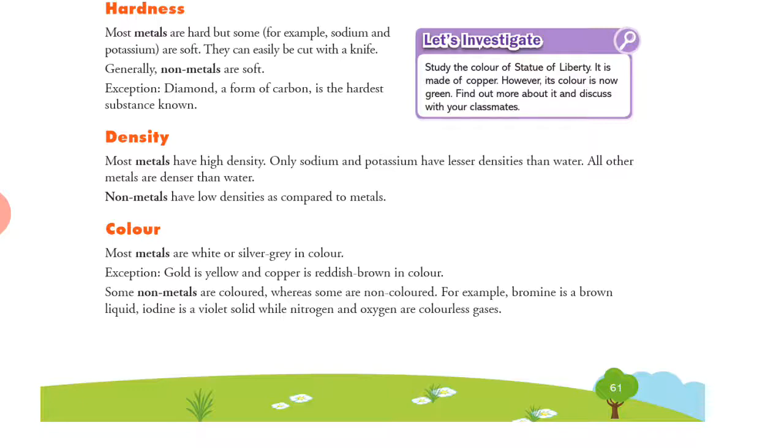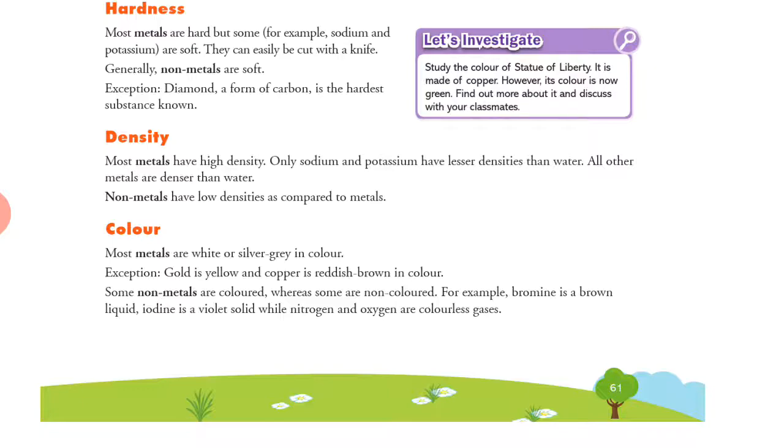So the more the mass, the more the density, meaning the particles are closer. Metals have high density, only sodium and potassium are exceptions. And non-metals have low density as compared to metals. Got it?